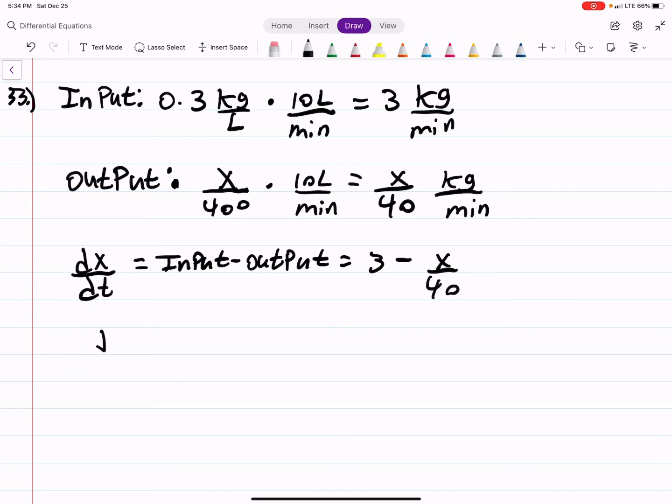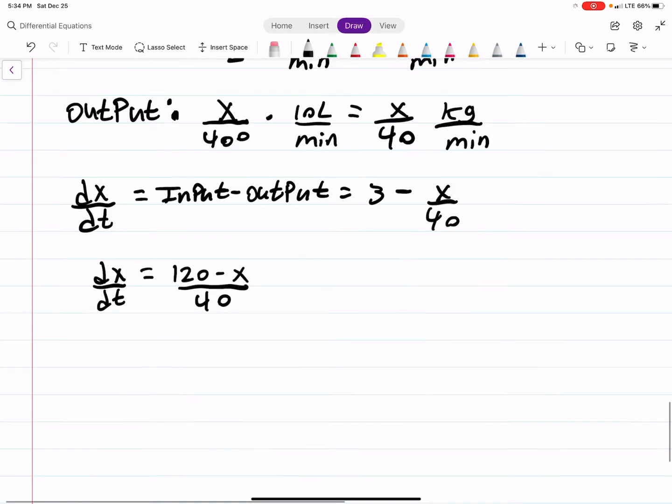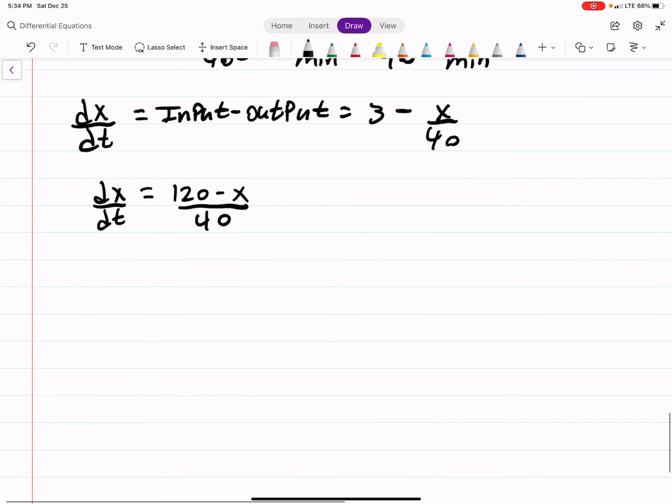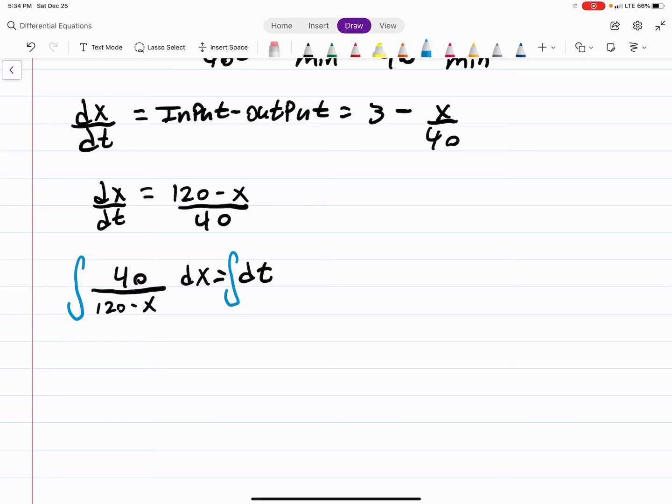Or, just writing it under one fraction, 120 minus x over 40. Okay, just a little algebra there. Okay, so 40 over 120 minus x dx equals dt. We've successfully separated our differential equation, and now we can just integrate both sides.